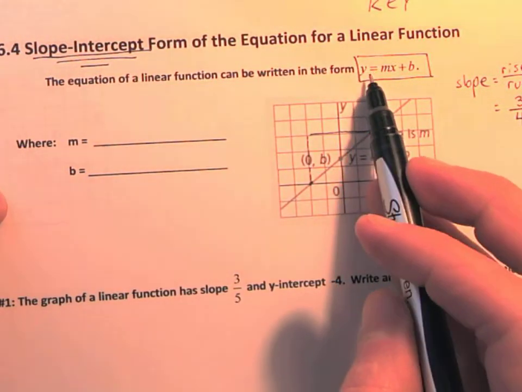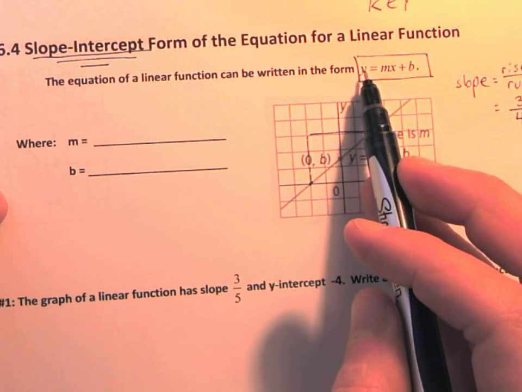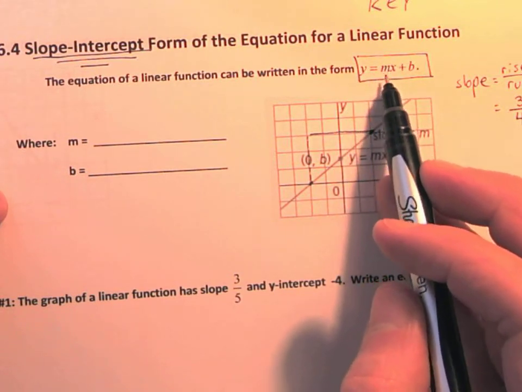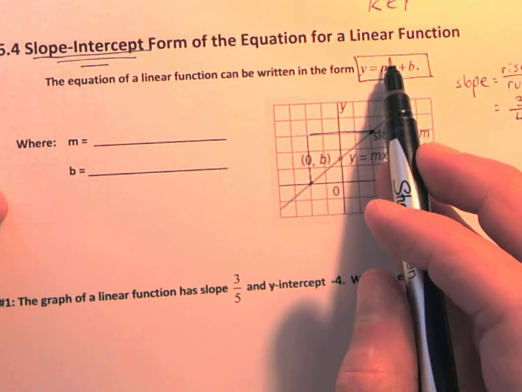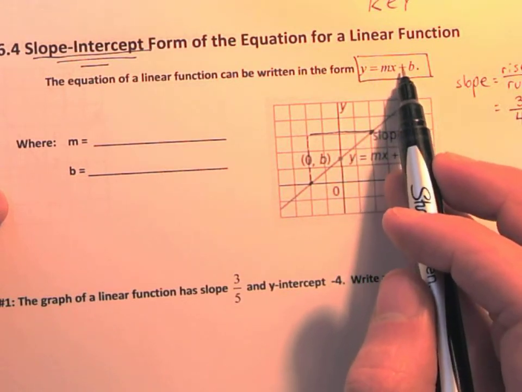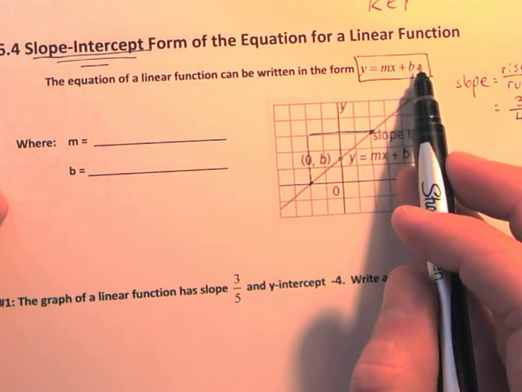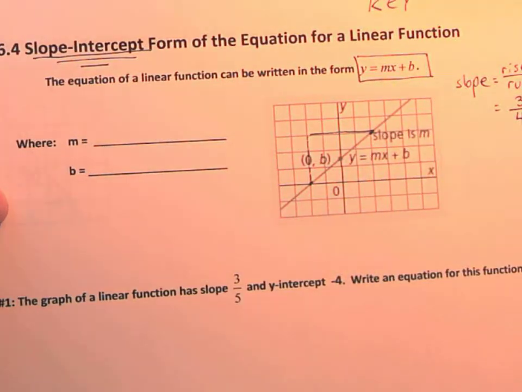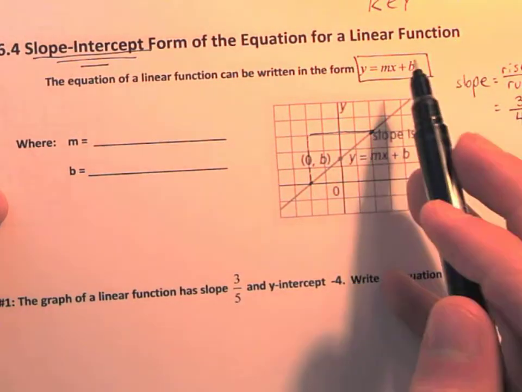How you get this equation, or what it looks like, is generally y equals m times x plus b, where m is a number. So it's just a number times x plus another number. That's what this form is.